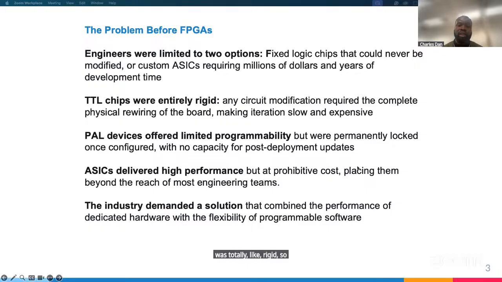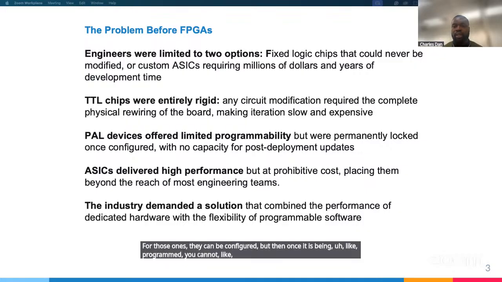They were looking for a way to change the physical hardware, or rewire the board, to meet a particular target. They also had PAL devices, which are programmable devices. Those can be configured, but once they have been programmed, you cannot change or alter them afterward.